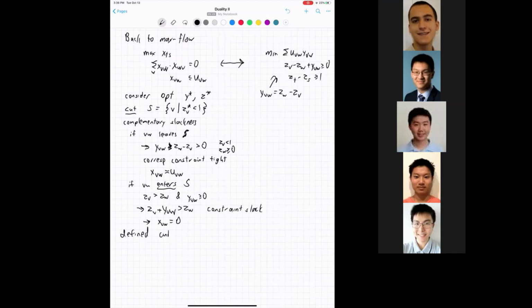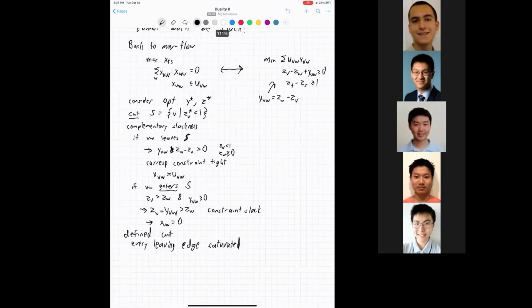We define a cut. We know that every leaving edge is saturated. We also know that every entering edge is 0. And this just came out of complementary slackness, right?